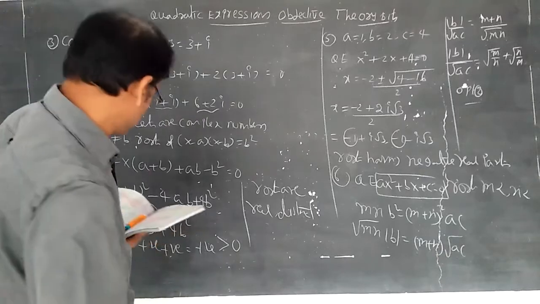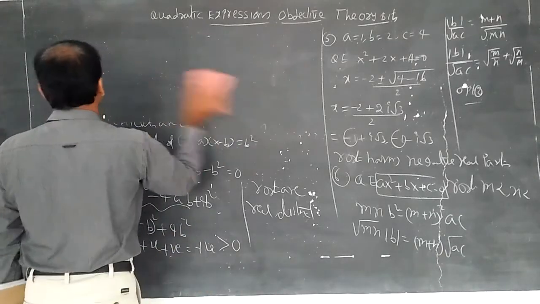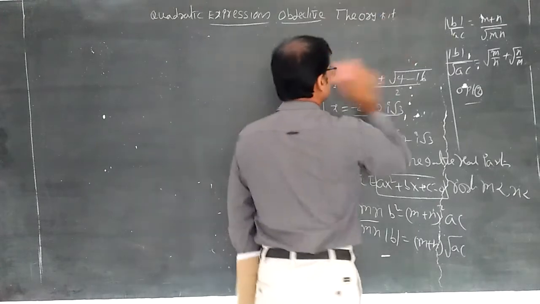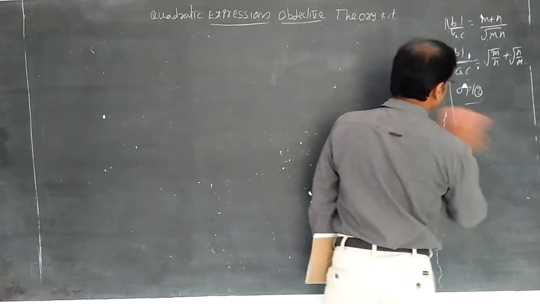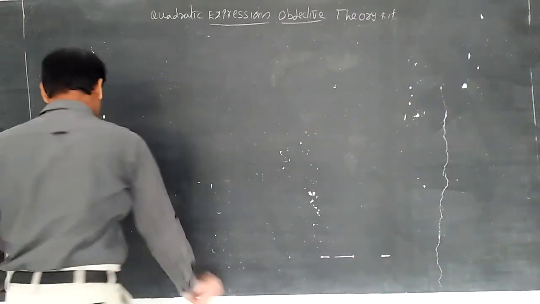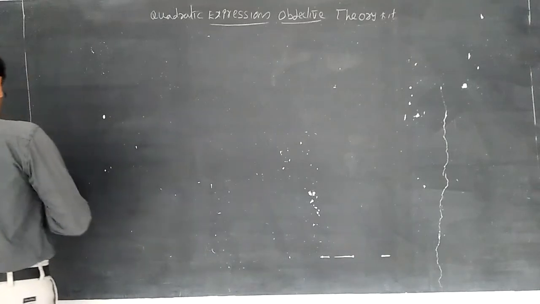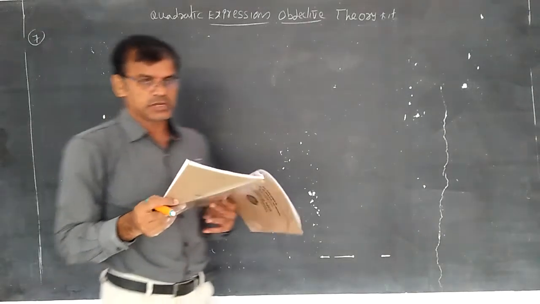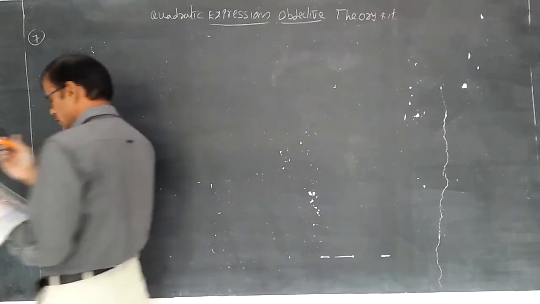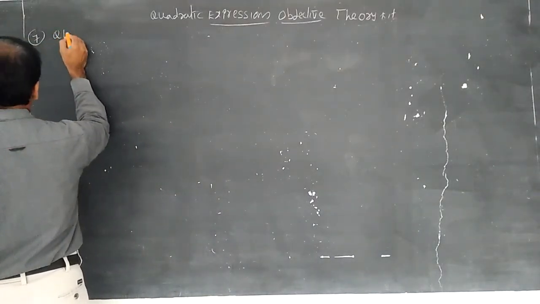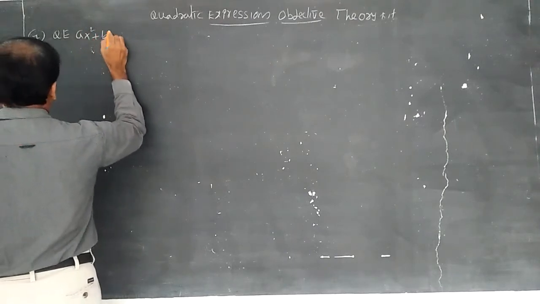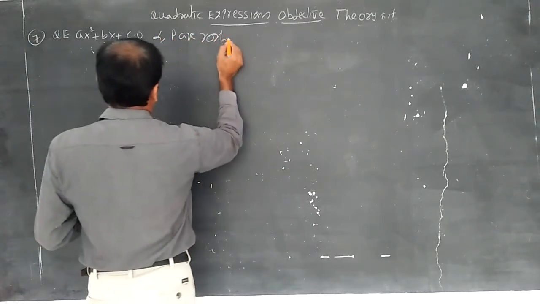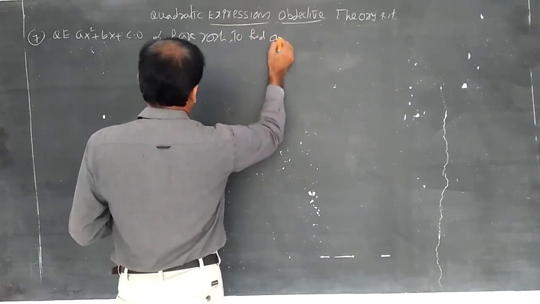Now, seventh question. Alpha, beta are the roots of the equation ax square plus bx plus c equal to 0, then find 1 by (a alpha plus b) plus 1 by (a beta plus b).